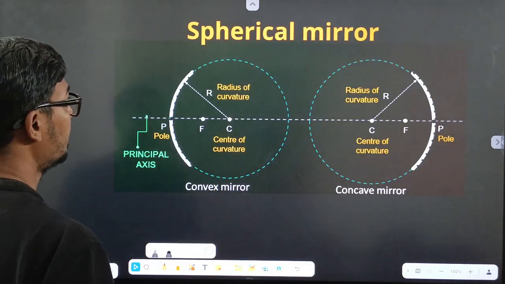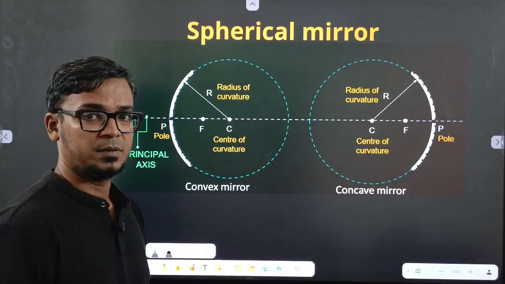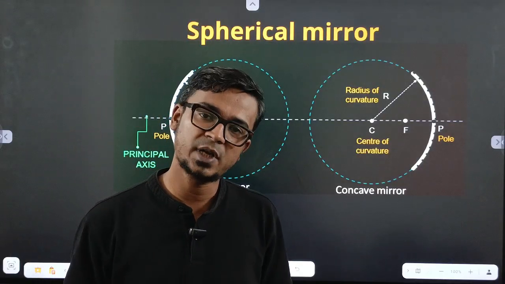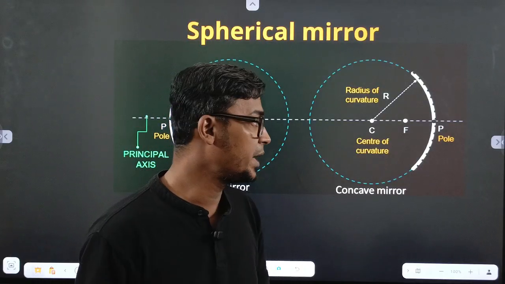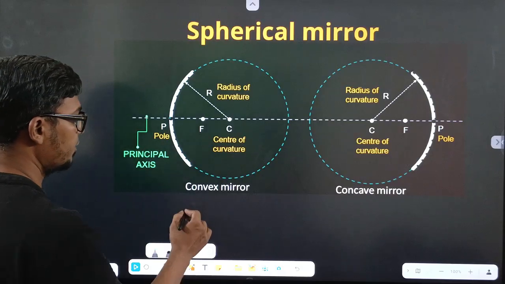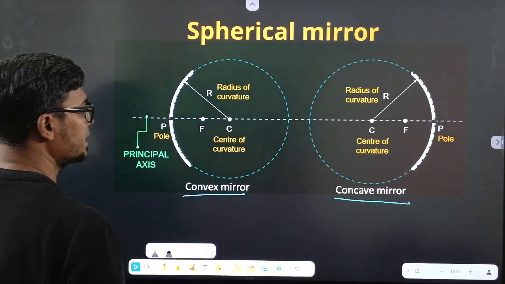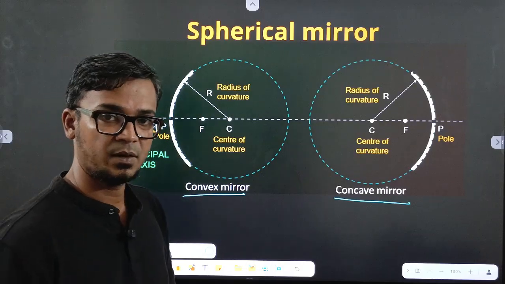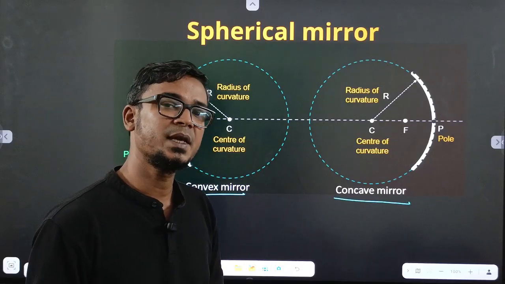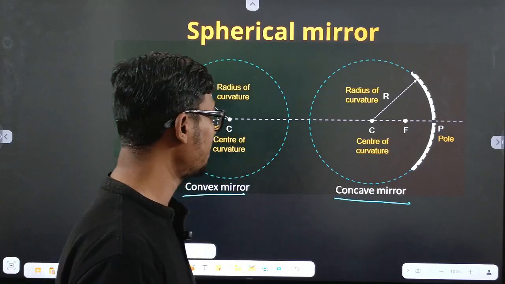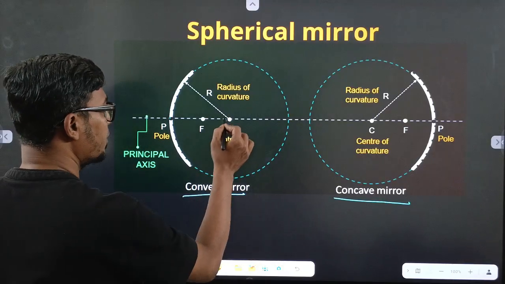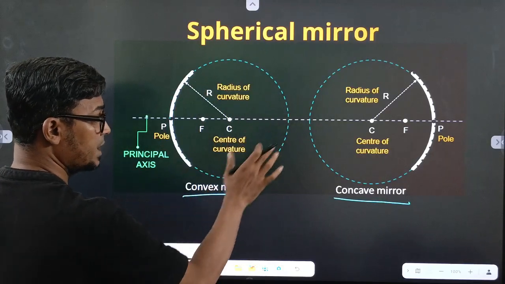Then the spherical mirror. There are two types of spherical mirror: one is the convex mirror and another is the concave mirror. So what are concave and convex mirrors? First of all, what is a spherical mirror? A spherical mirror is a mirror which is a part of a sphere.